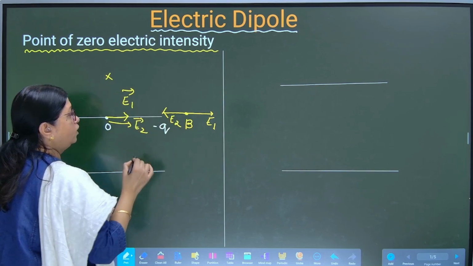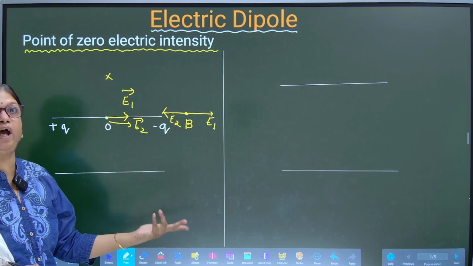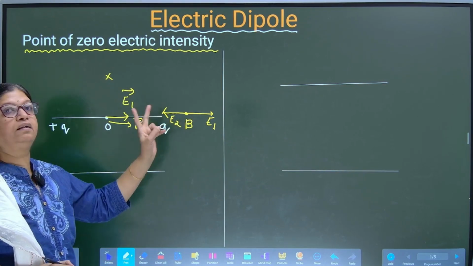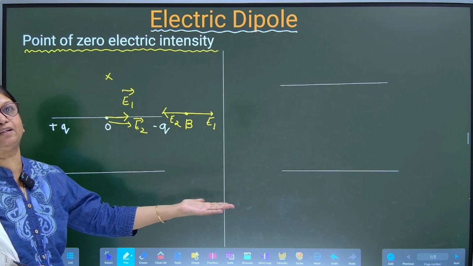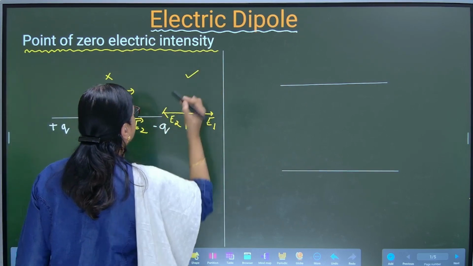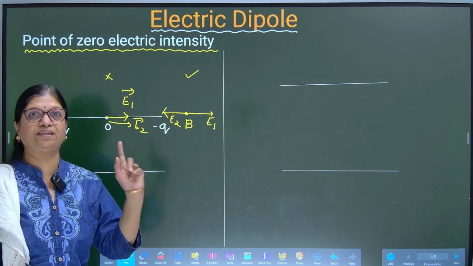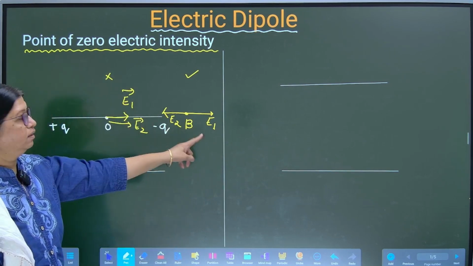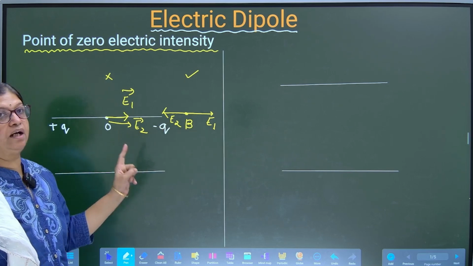So now, is there a possibility of getting zero intensity? Yes. Why? The directions of E1 and E2 are opposite, and if the magnitudes are the same, yes. So there is a possibility of getting zero intensity on the other side of the negative charge, Q.